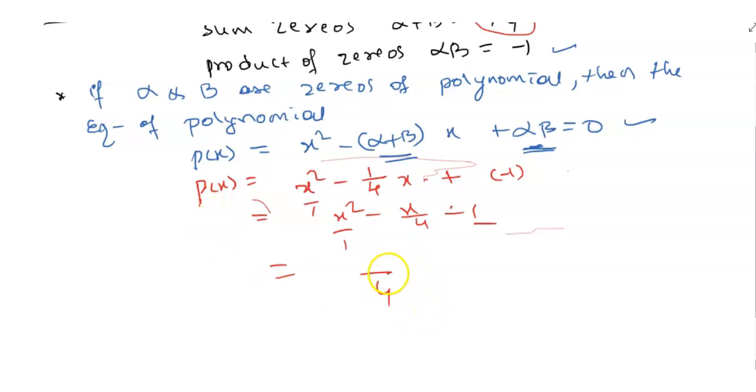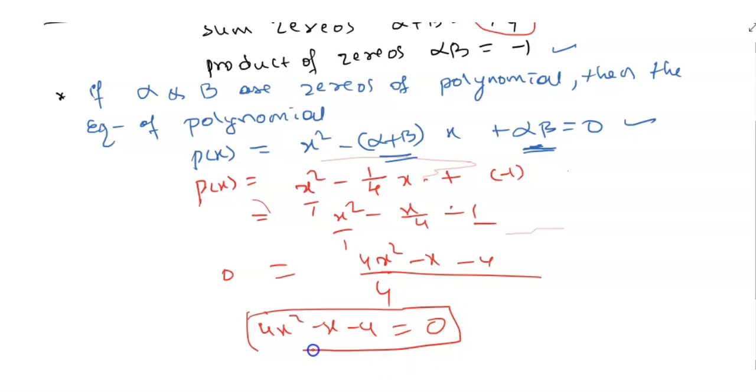If you take the LCM, what do you get? 4x square minus x minus 4, which is equal to 0. Your polynomial is 4x square minus x minus 4. Hence you can write your quadratic polynomial is 4x square minus x minus 4.